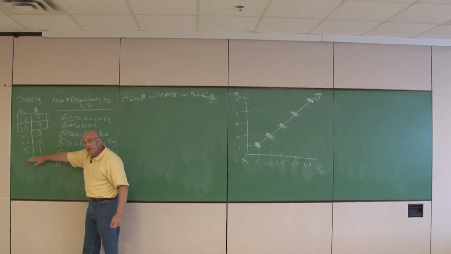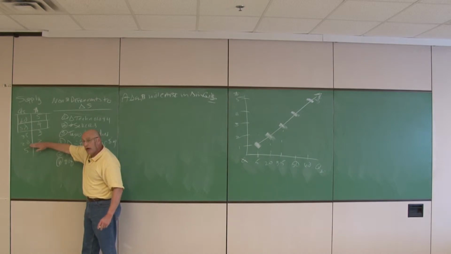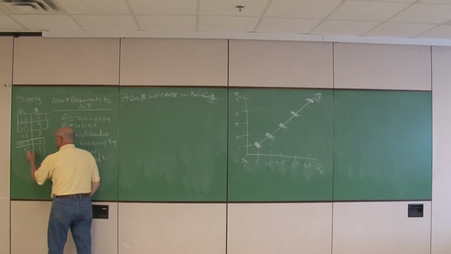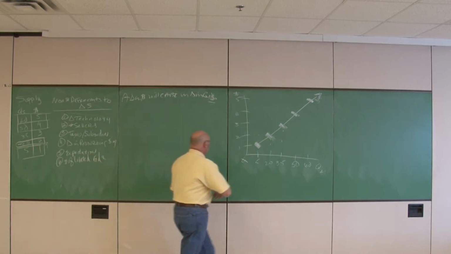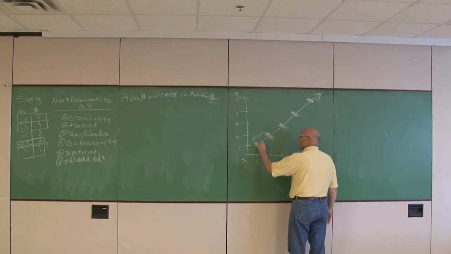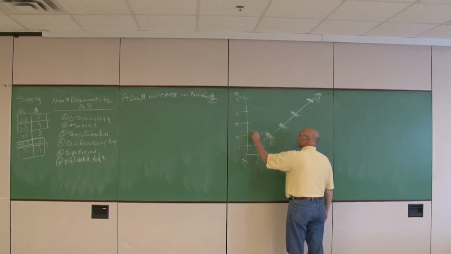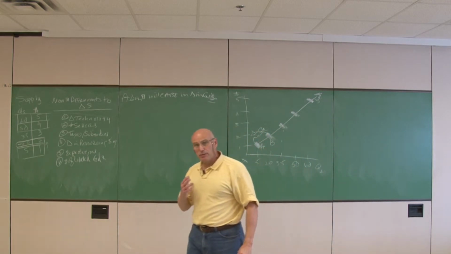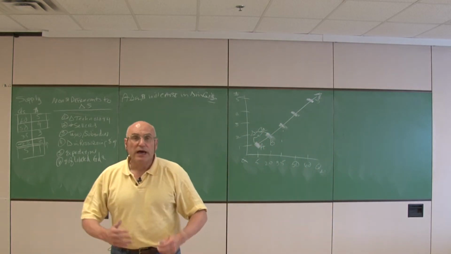If now the price of the good that I produce goes up to $2, therefore it is a movement from this price quantity supplied combination to this price quantity supplied combination. And therefore it is simply a move from this point A to point B, and we call this a change in quantity supplied.